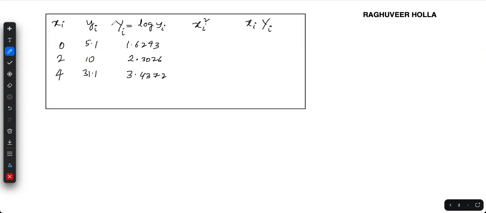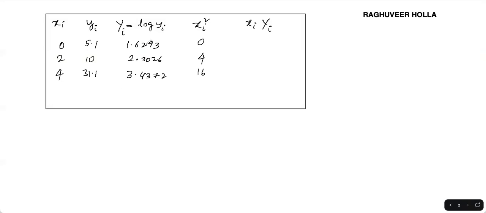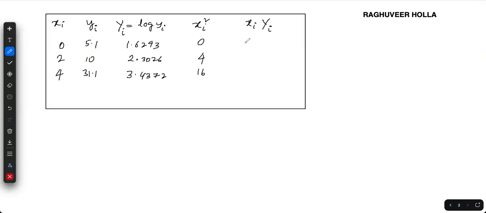The squaring of x is 0, 4, 16. Multiplying this x with this capital Y, we get 0, 4.6052 and 13.7488.